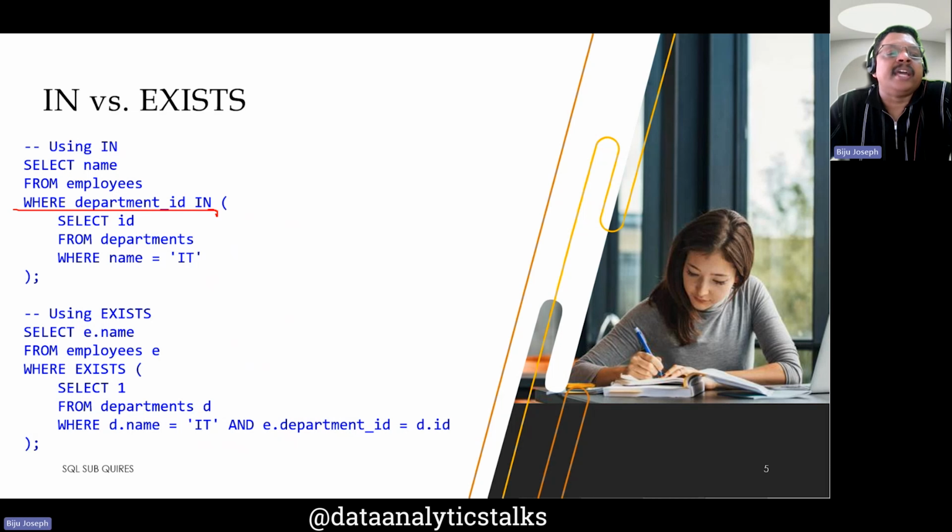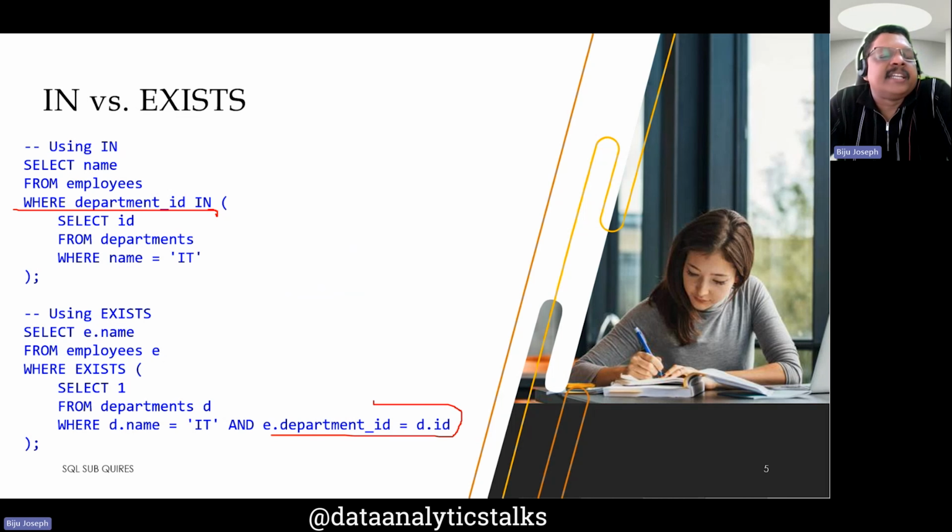The same query can be rewritten using EXISTS: select e.name from employee e where exists (select 1 from department d where d.name equals IT and e.department ID equals d.id). Got it? So EXISTS will exit when a match is found, but IN does not do that. So EXISTS is always efficient in such scenarios.